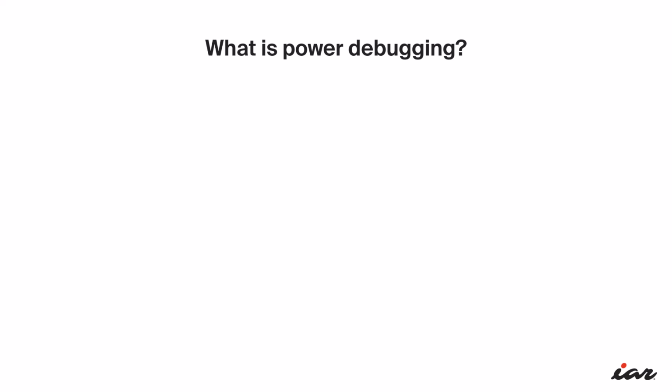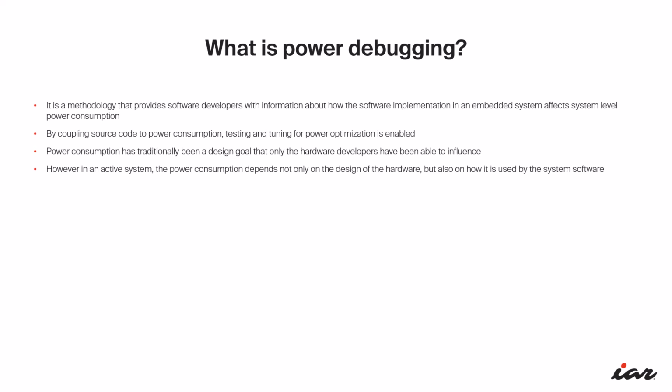So power debugging, I introduced this concept. What does that mean? Power debugging is a methodology that provides developers with information about how the software implementation in the embedded system affects the power consumption.